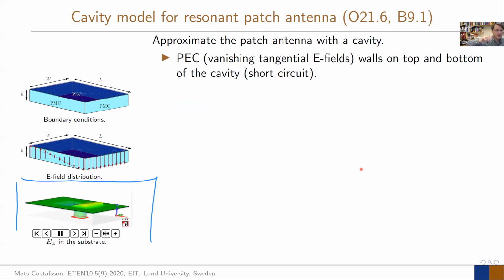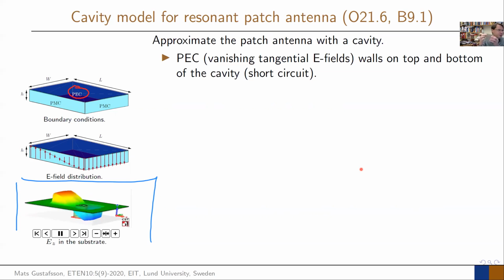And in the center, the field is very weak. And this is the solution we actually get if we solve the electromagnetic problem with some boundary conditions. If we look at this, we have here the top part and the bottom part. This is a good metal.